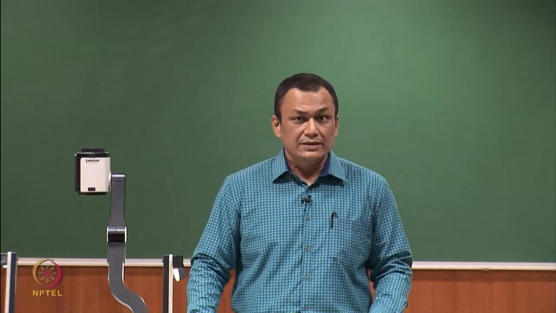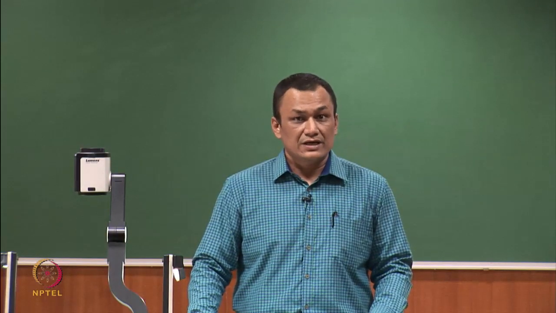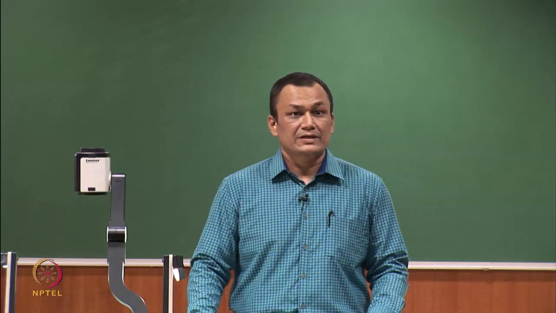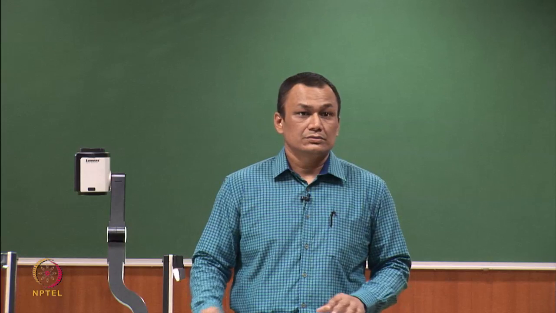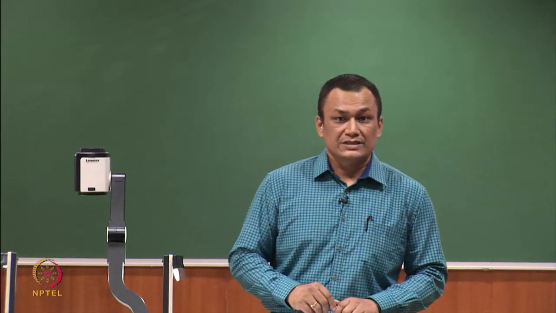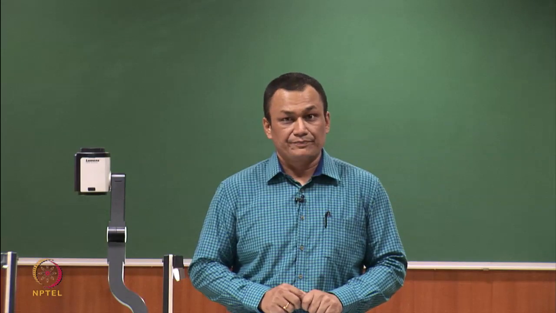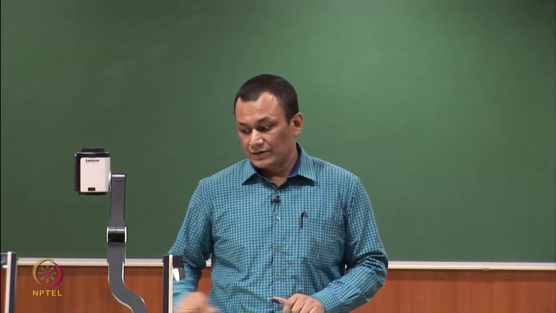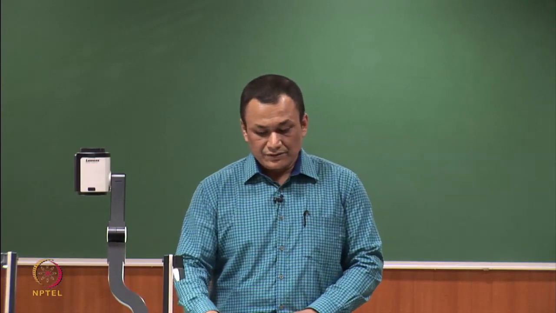At the end we observed that Taylor's ideal fiber migration model is not able to explain experimental results of radial migration of fibers in yarn. So, we start from there in this lecture.